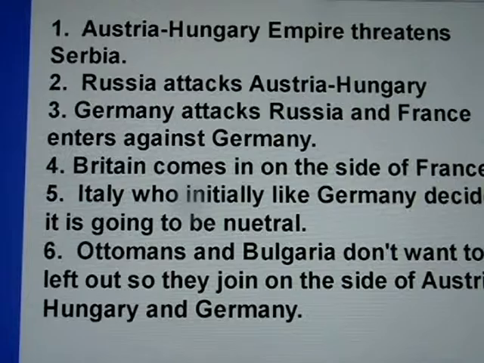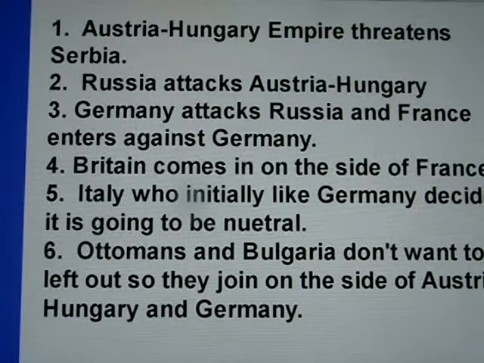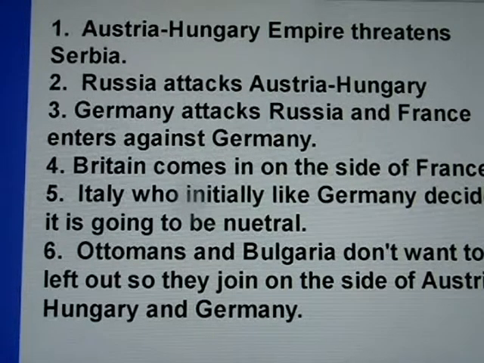Well, Germany attacks Russia for attacking Austria-Hungary, and thus France decides they're going to attack Germany. Britain then comes in on the side of France. Italy decided they were going to be neutral, at least for right now. Finally, the Ottoman Empire and Bulgaria join the side of Austria-Hungary and Germany.